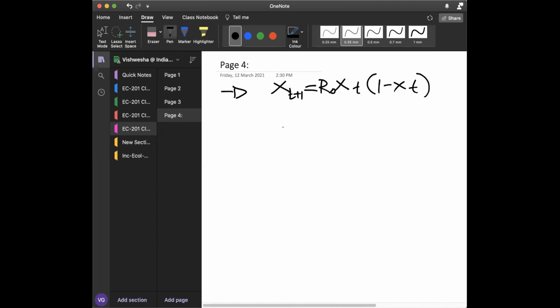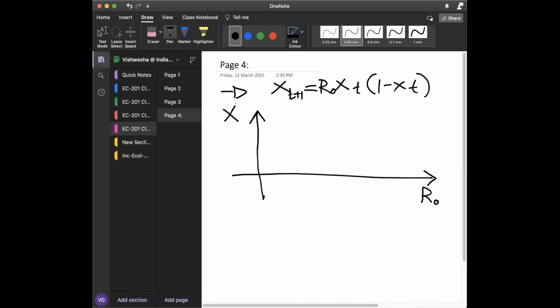What all have we learned? We have learned a few things about this model, at least in some parameter regime, right? So we were drawing, as a function of R0, what are the equilibrium values of population size in this model.